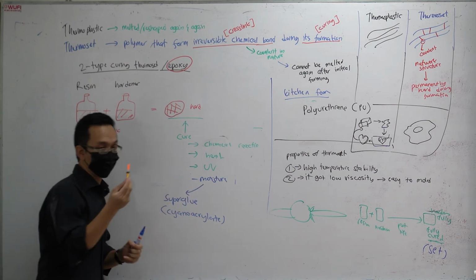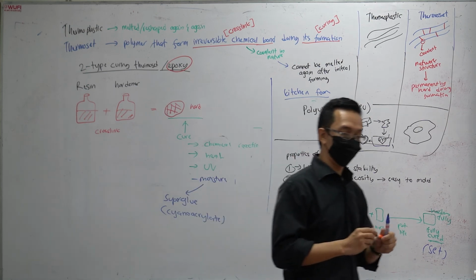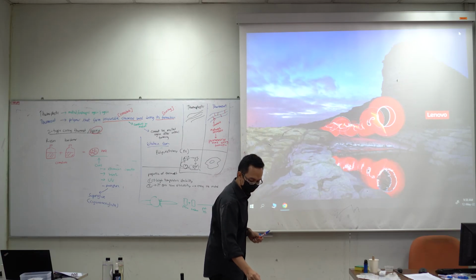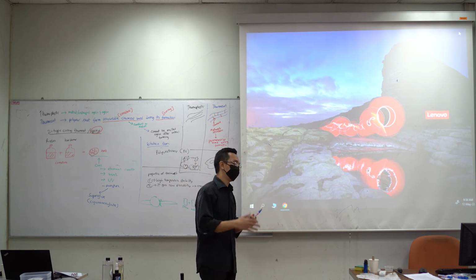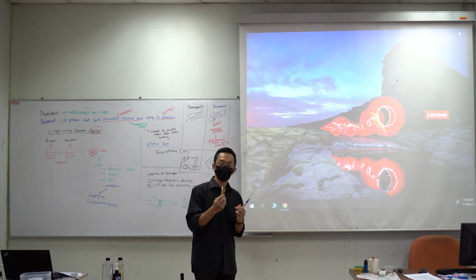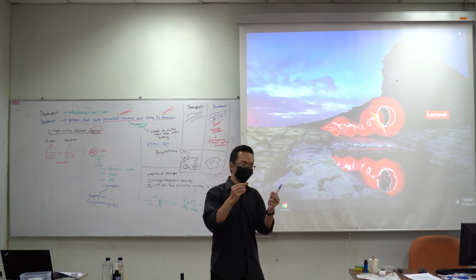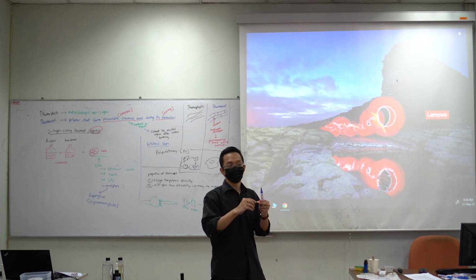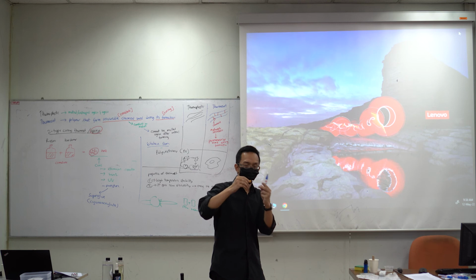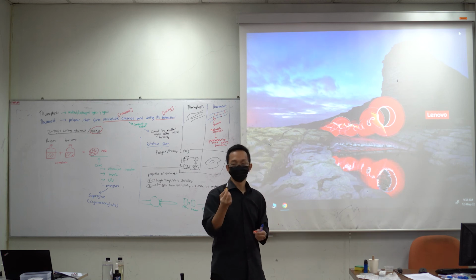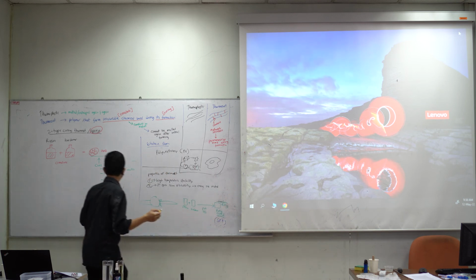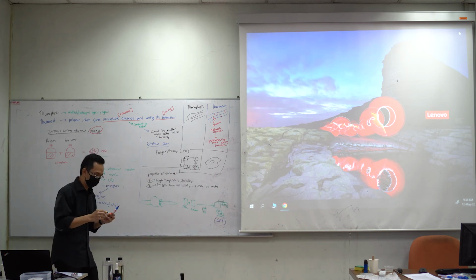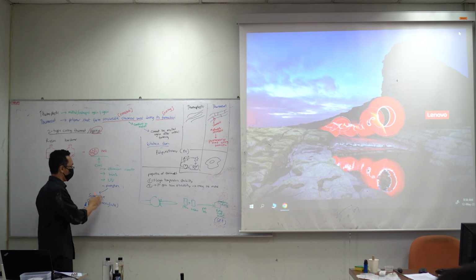So when you have super glue, you put it somewhere here, and then you let it sit for a while, it will harden because around you in the air there is moisture. And that's also the reason why super glue, if you don't close it tight enough, you will see it's very hard to use, it's just set like that because it's cured due to moisture, and around you there is a lot of moisture.